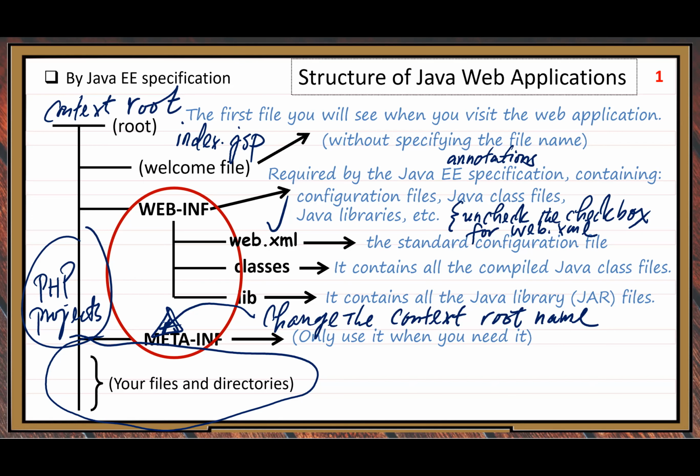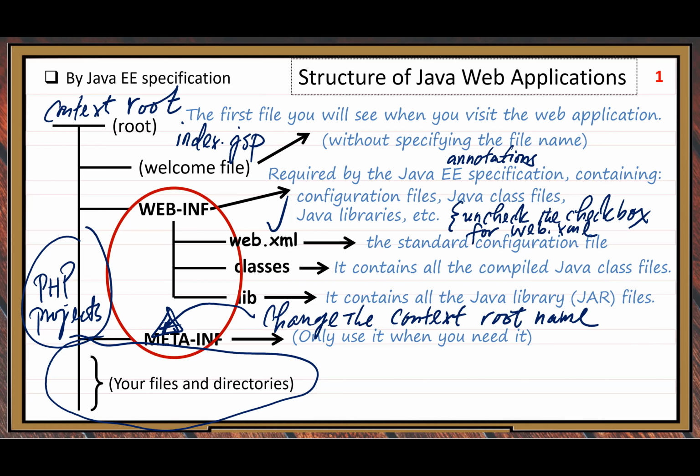You can put in an XML configuration file, context.xml. In that context.xml, you specify a non-default context root name.